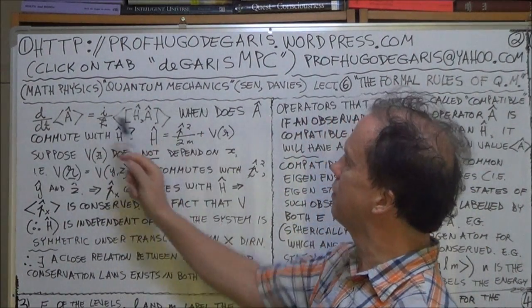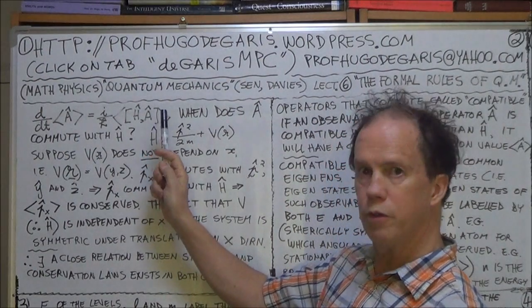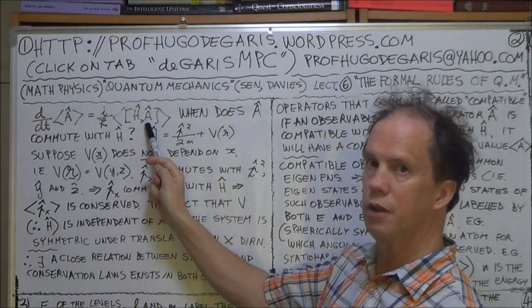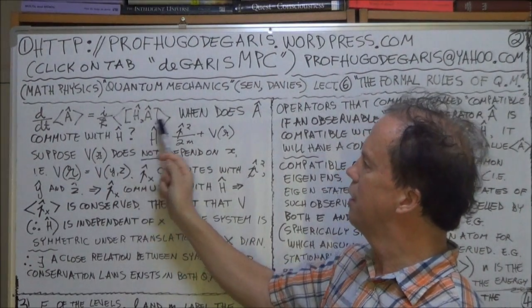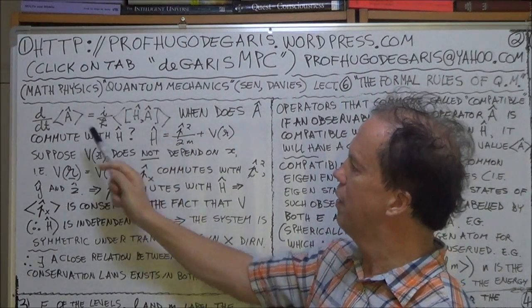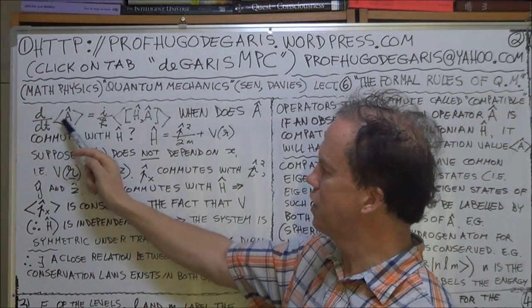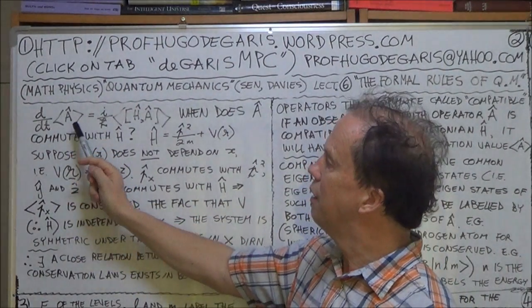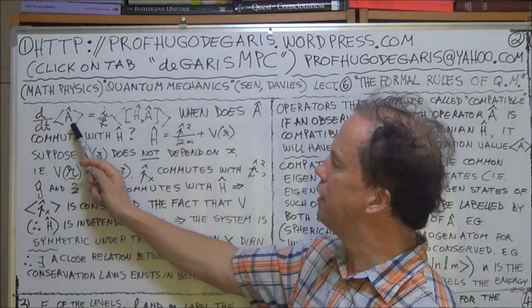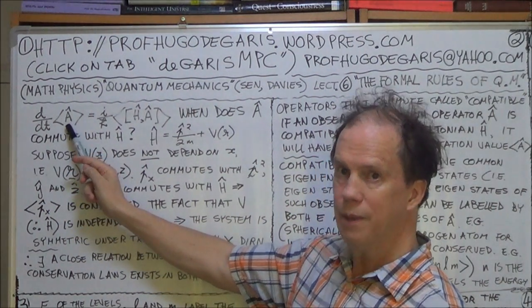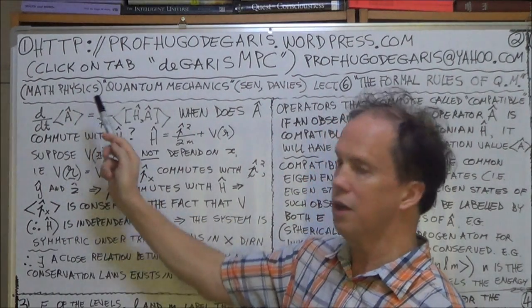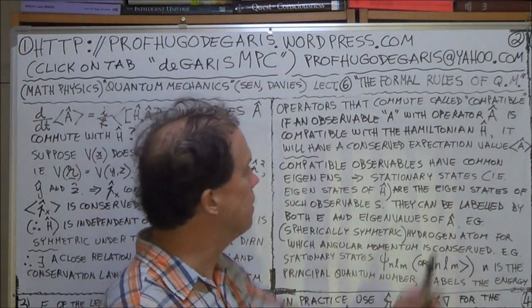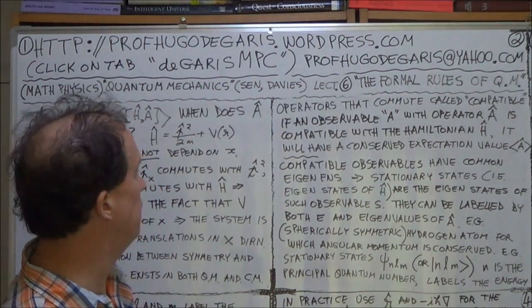So if your observable A with the corresponding operator A hat commutes with the Hamiltonian, in other words the commutator is 0, therefore the expectation value, the average measured value of observable A, will be constant. So if you differentiate the constant, you get nothing. Okay, that's what's being said here.